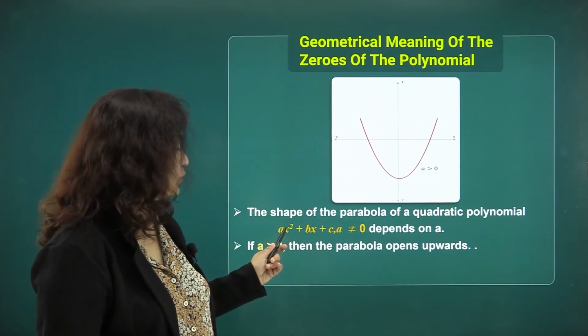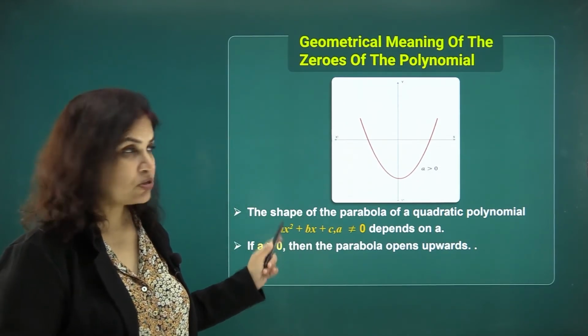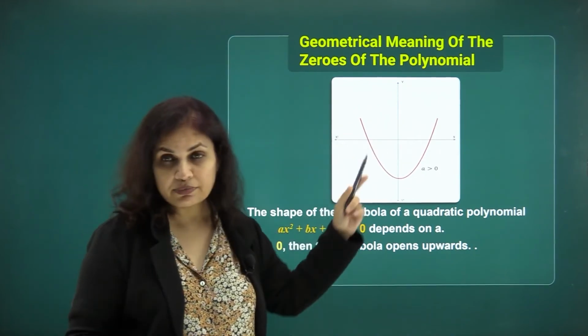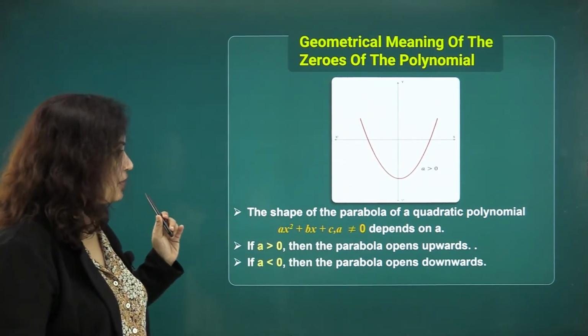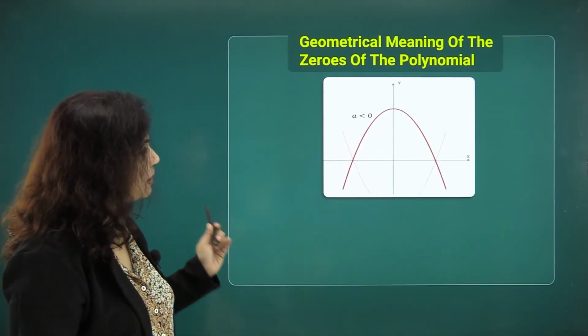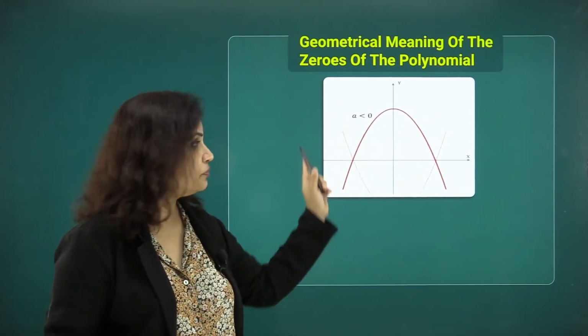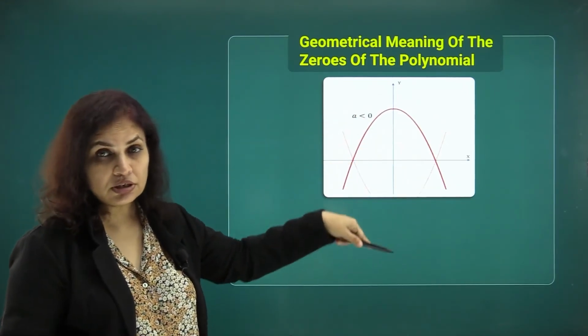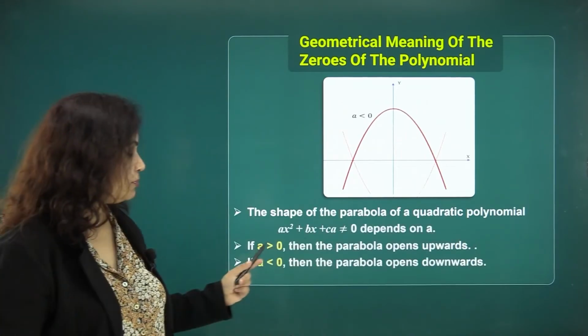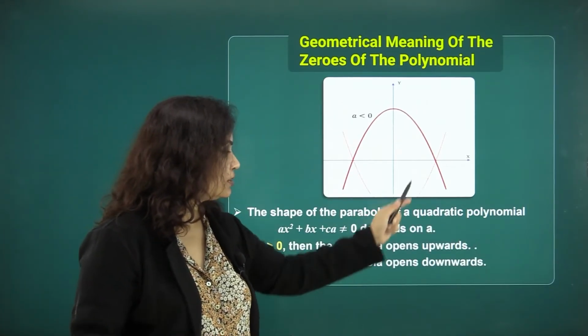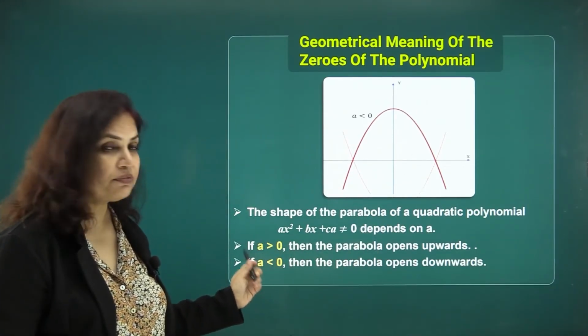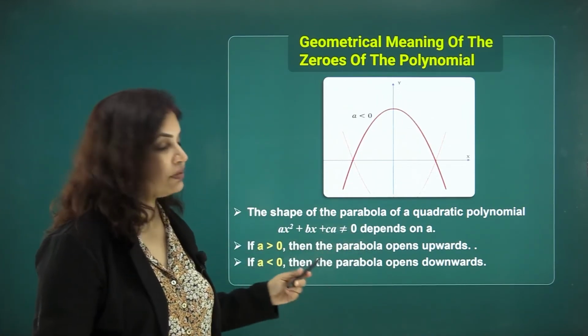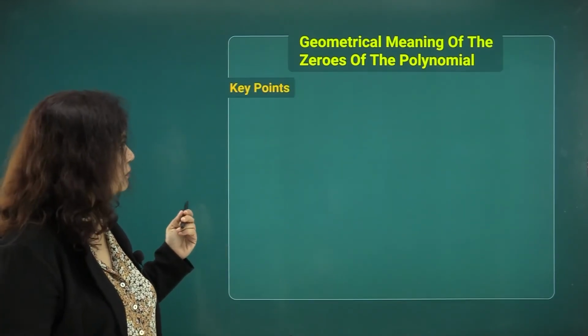If the value of a is positive, it will be an upward rising parabola, and if a is negative, then it is a downward falling parabola, an inverted U form. The parabola opens upwards if the value of a is positive, and it opens downwards when the value of a is negative.